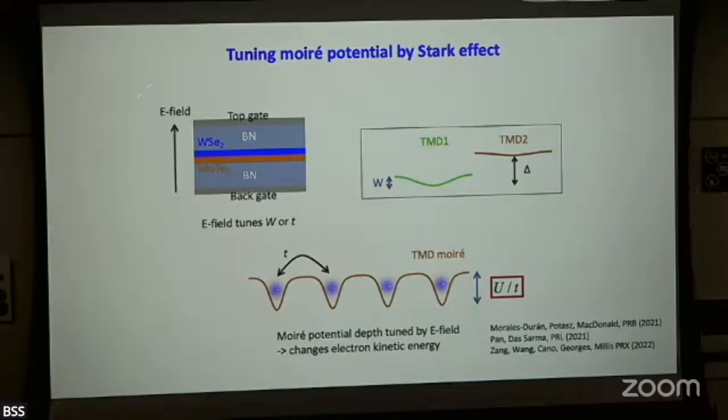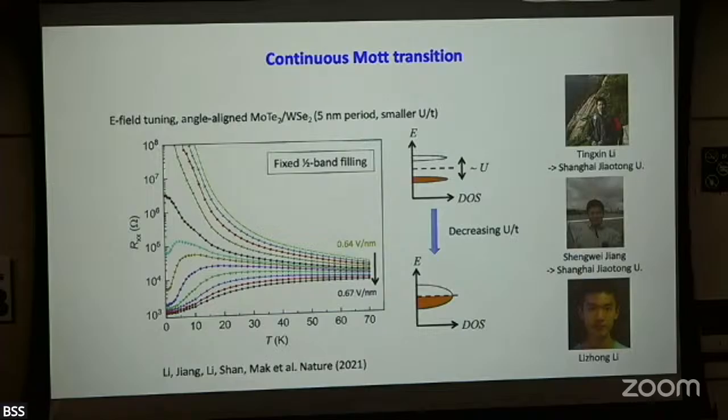So by this knob, the vertical electric field, we can tune T over U or U over T. So this is an experiment.